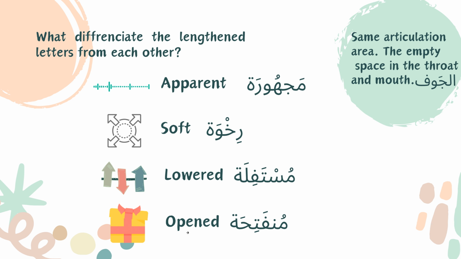What do we mean by opened? Maybe this is the first time we mention it. It's opened while pronouncing the three letters and not closed against the upper palate, as in huruf al-itbaq. You know, the sad, the dad, the ta, the dha.